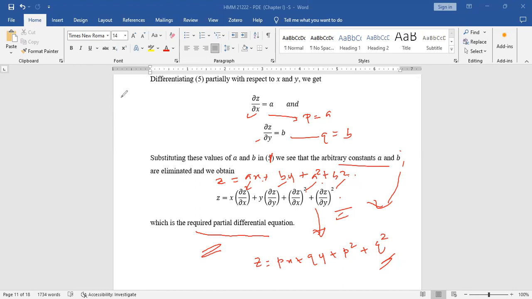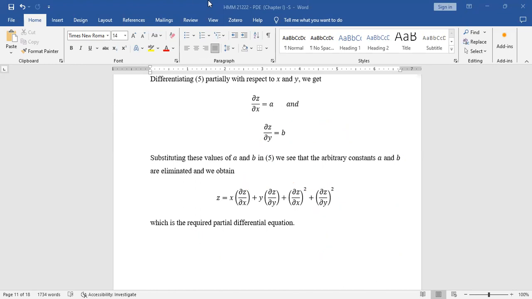Okay, so let's do one. What if there are fewer arbitrary constants than independent variables? Let's say I have only one constant, but for the PDE we should have more than one variable, so let's say two.